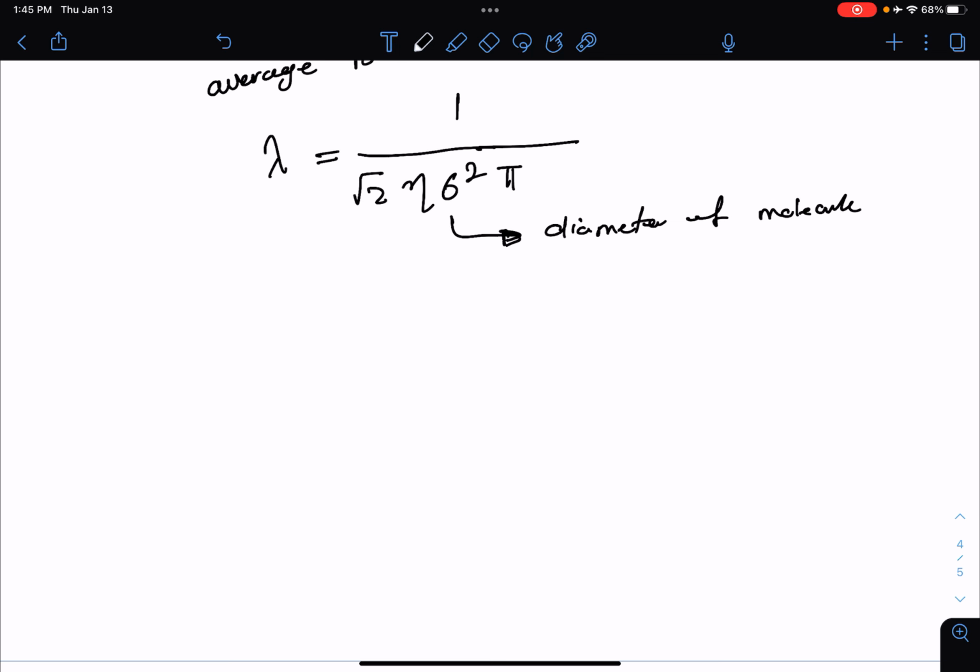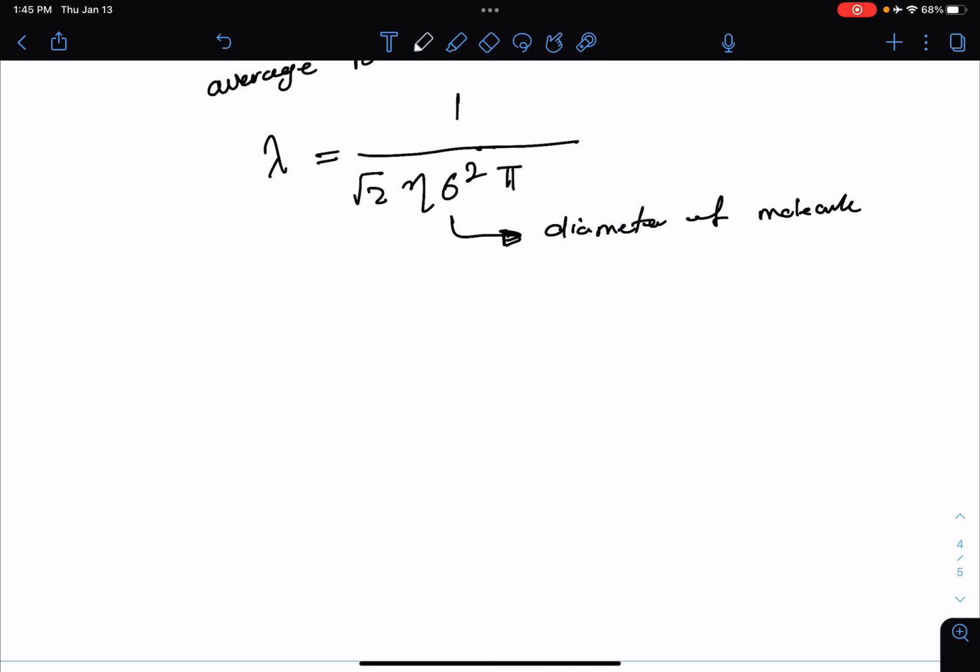Mean free path is a function of number density, your diameter, and also pi. These have extensive proofs, but we are not going to get into them because you need some statistical thermodynamics background to be able to do this.